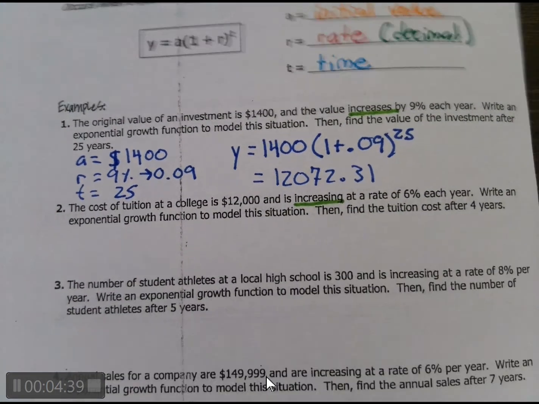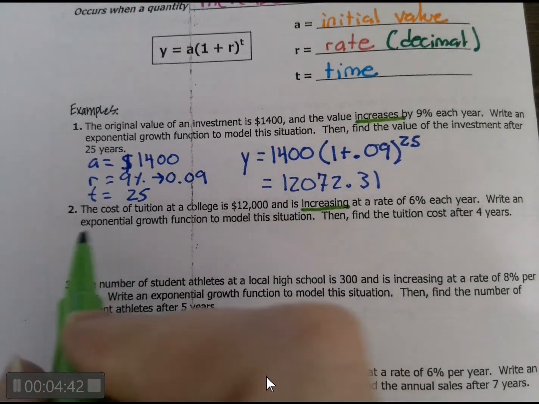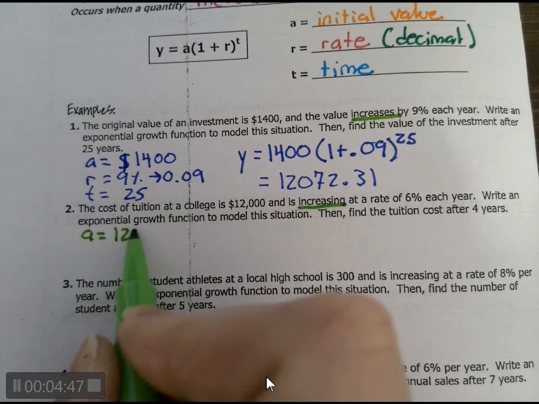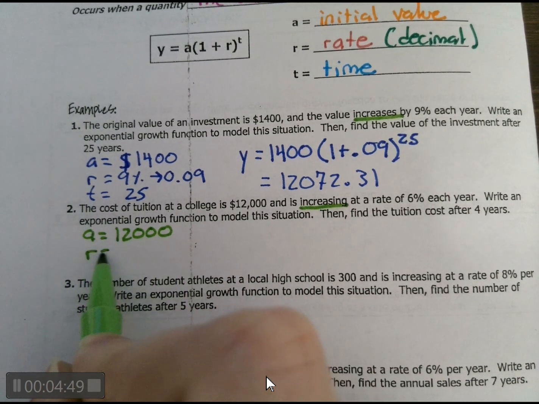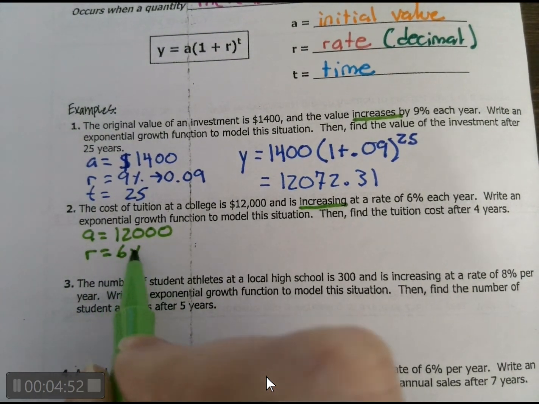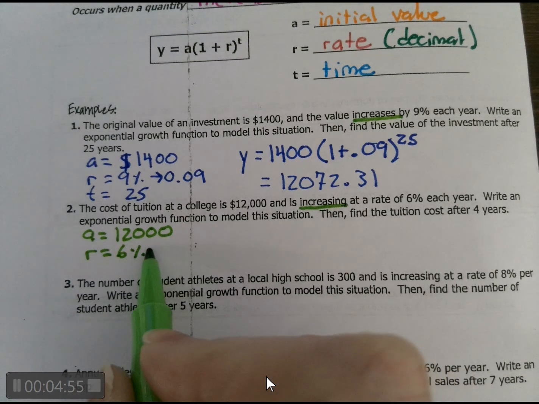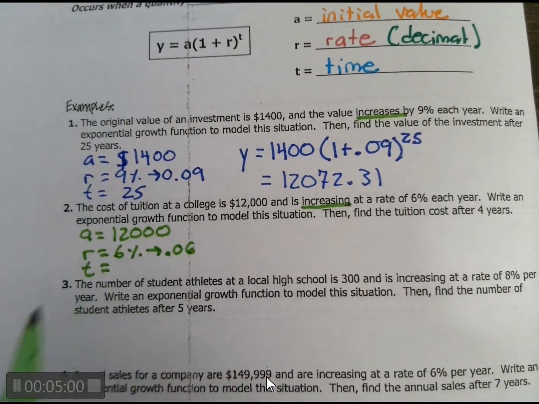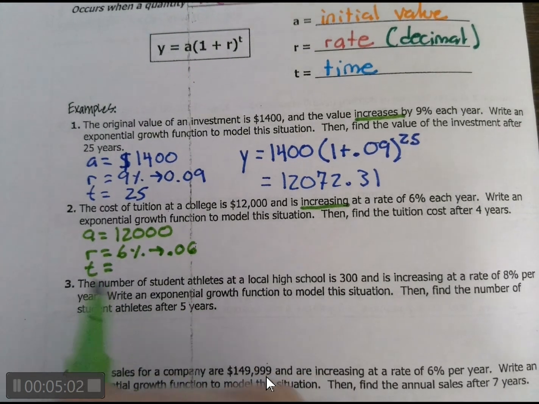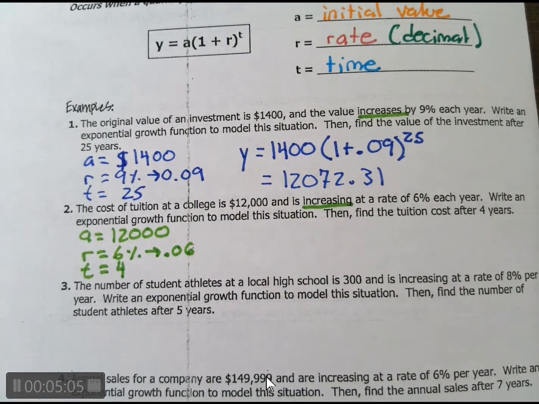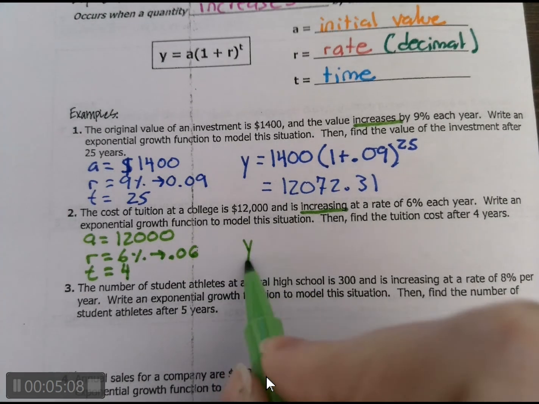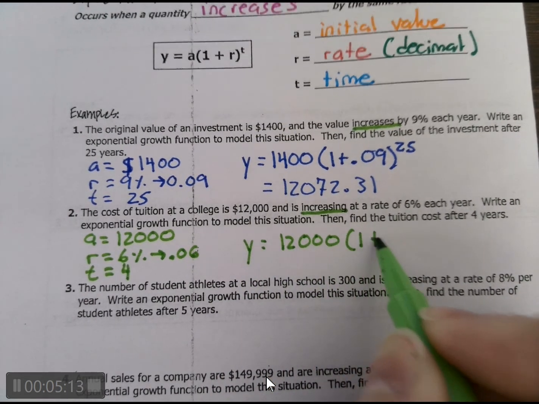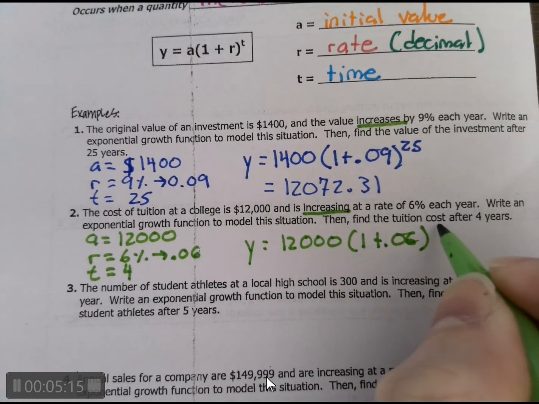Alrighty, so let's define our variables. So our A is our initial value, which is $12,000. Our R is 6%, which if we change into a decimal is 0.06. And then our T is going to be our time, which is 4 years. Okay? So now we write y equals $12,000, 1 plus 0.06 to the fourth.